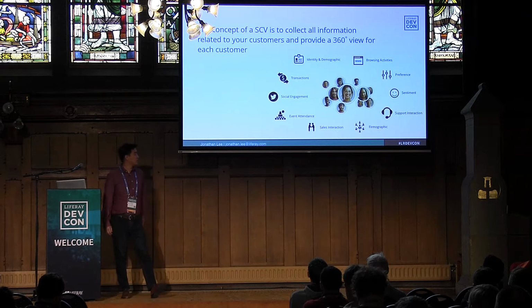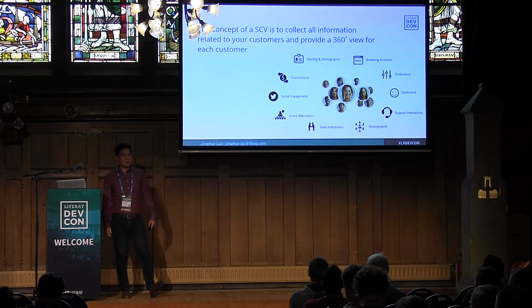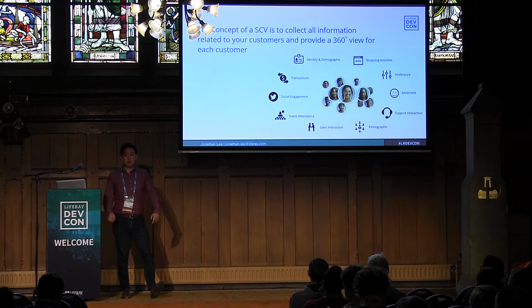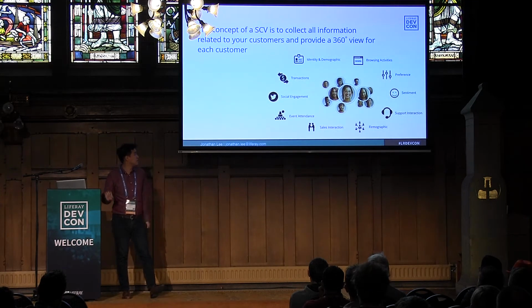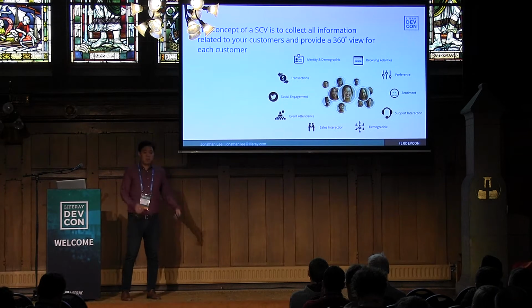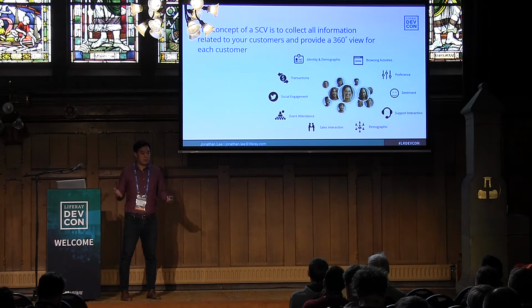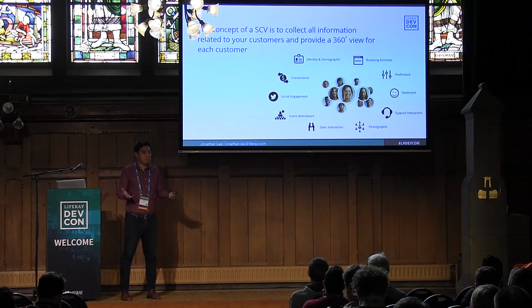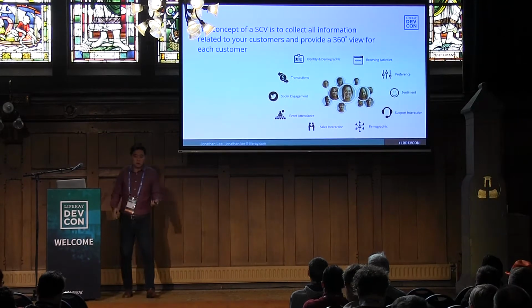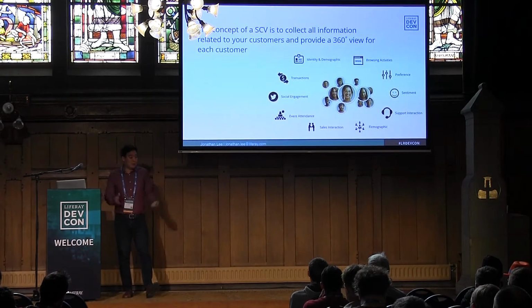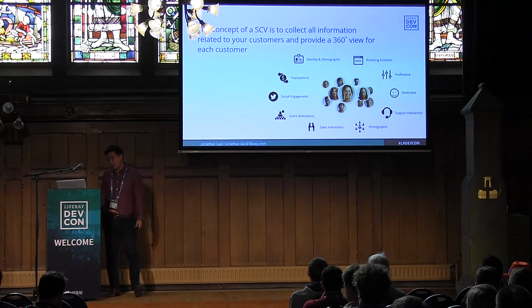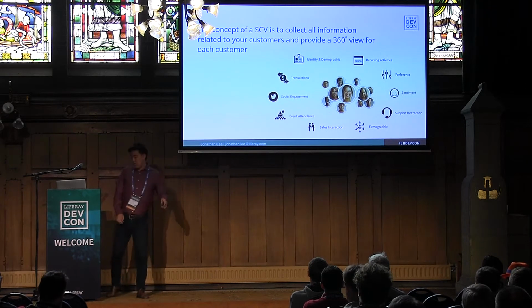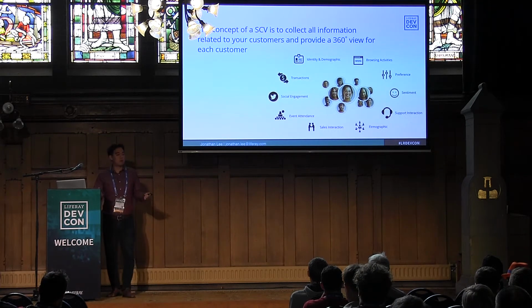There are support interactions, there are sales interactions that are done through emails or maybe a help desk solution that you have in place in your business. And finally, there's transaction data, purchase histories. These data can be provided and gathered through your e-commerce solution, and hopefully it's Liferay e-commerce, right? So with all these data, it helps you paint a complete picture of your customer throughout their customer journey.